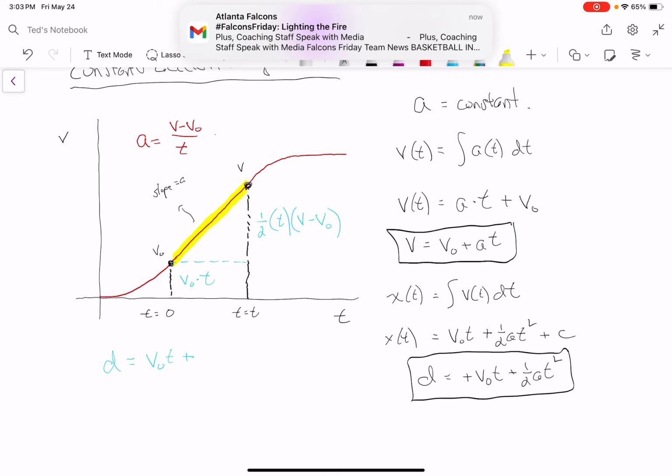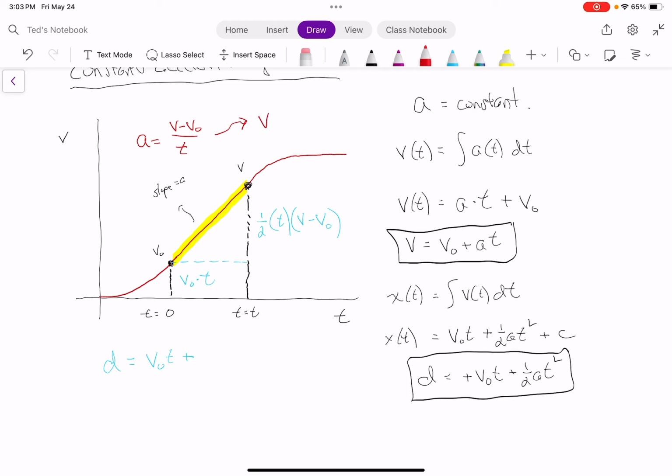So I can rearrange this equation and get that v is equal to v0 plus at, which is the same equation that we got by integrating. But I can also rearrange this equation and get that v minus v0 is equal to at.